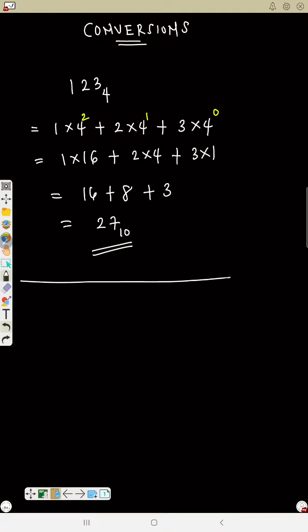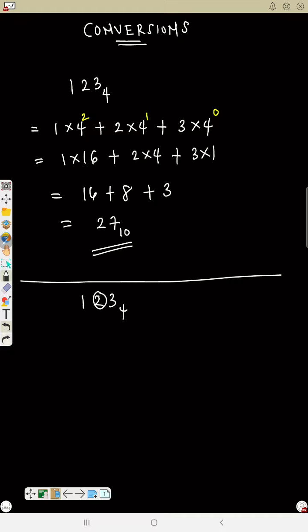Now using the other approach, 123 base 4 to base 10. So the first thing is, I'll say 1 times 4, that will be 4. Then plus the next number 2, that will give me 6. Again, 1 times 4, 4.